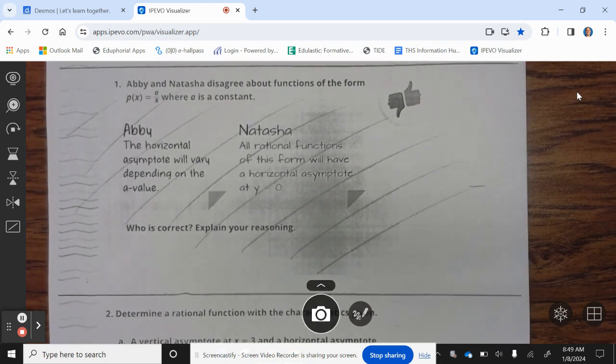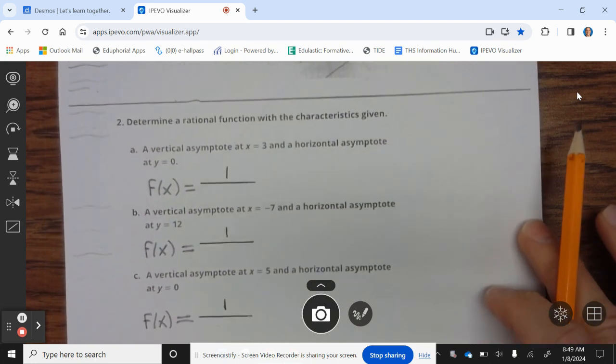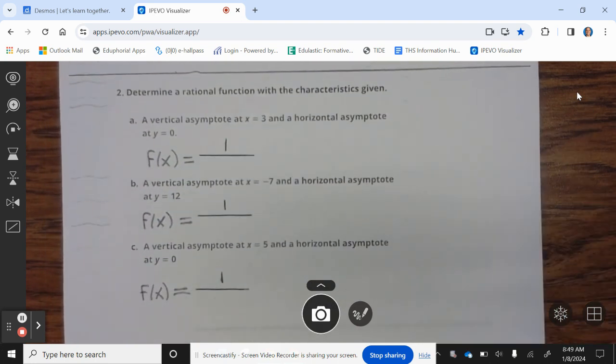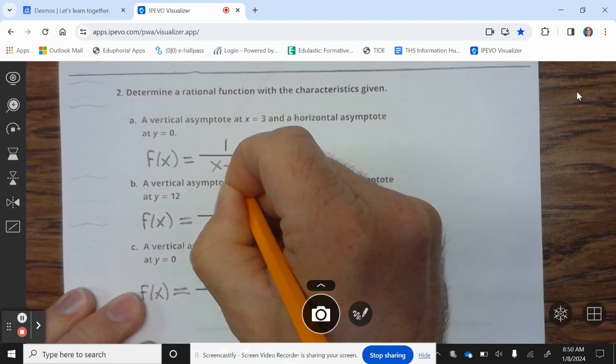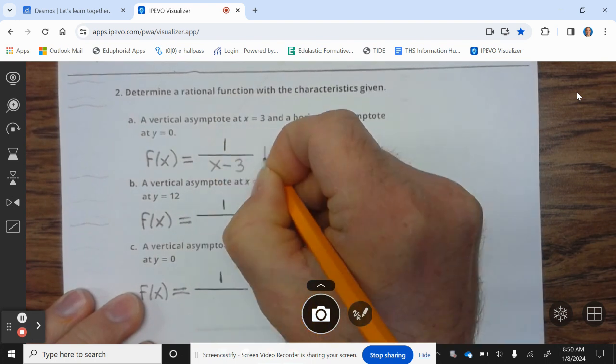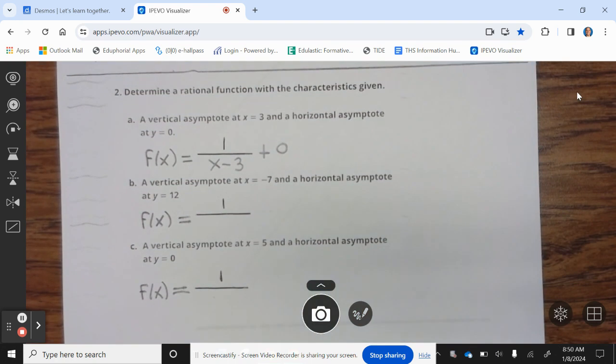All right, go ahead and mark off this section. Determine a rational function with the characteristics given. A vertical asymptote at x equals 3 and a horizontal asymptote at y equals 0. So that's 1 divided by x minus 3 plus 0. A vertical asymptote at x equals negative 7 and a horizontal asymptote at y equals 12.